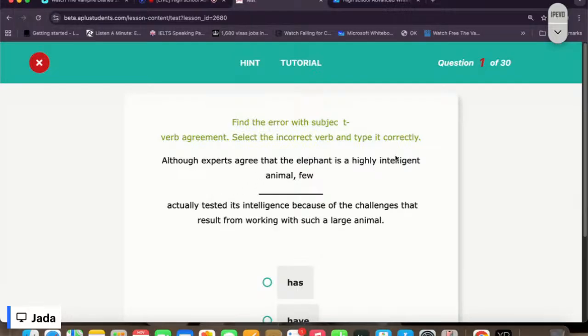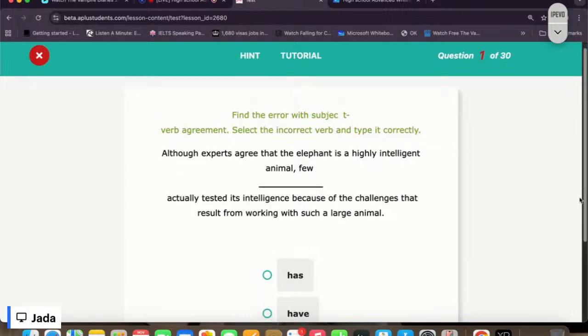So, although experts agree that the elephant is a highly intelligent animal, few dash actually tested its intelligence because of the challenges that result from working with such a large animal.